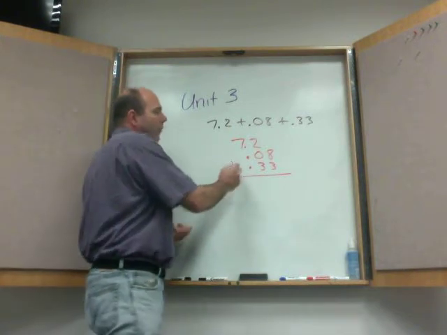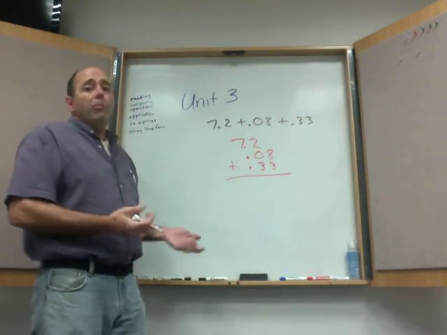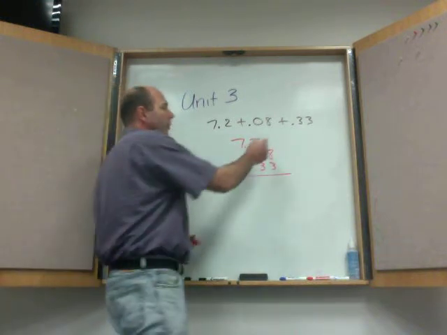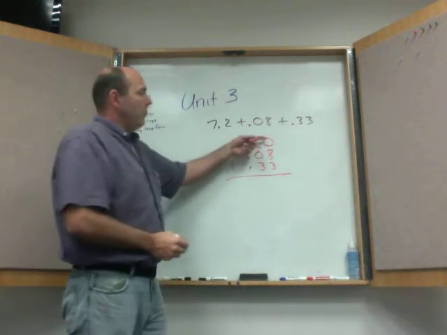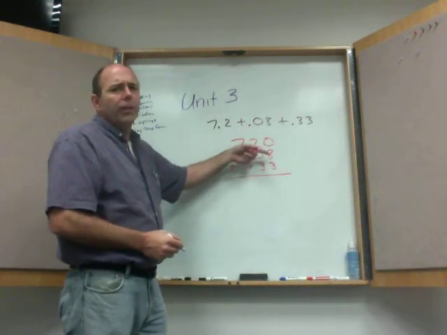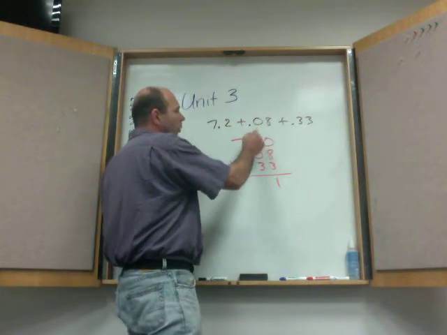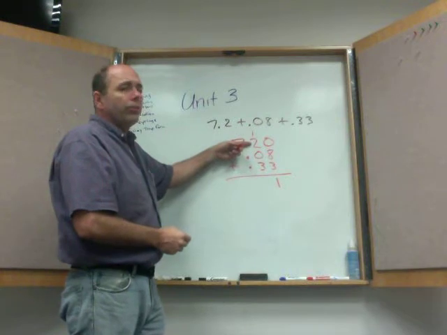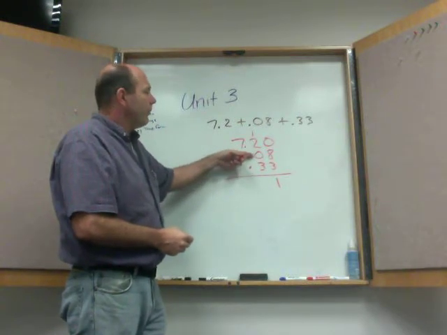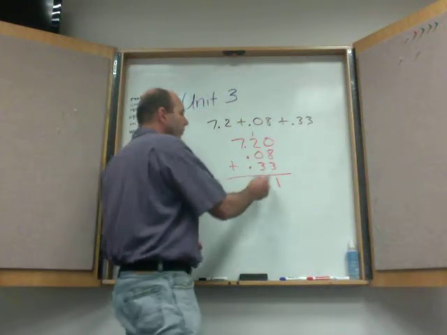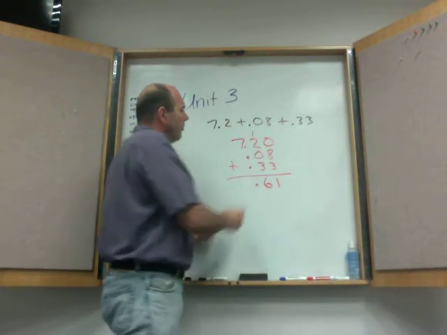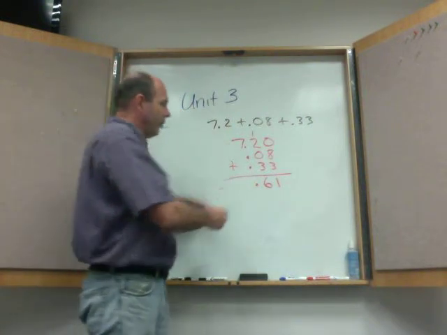And then I'll add them just like I would any other number. If it makes it easier for you, go ahead and put a 0 here. But as you can see, it doesn't change anything. 0 plus 8 is still 8. 8 and 3, 11. Write down my 1, carry a 1. 1 and 2 is 3, still 3, and 3 is 6. Don't have to do any carrying. Don't have anything to add to the 7, so I just bring it right on down.